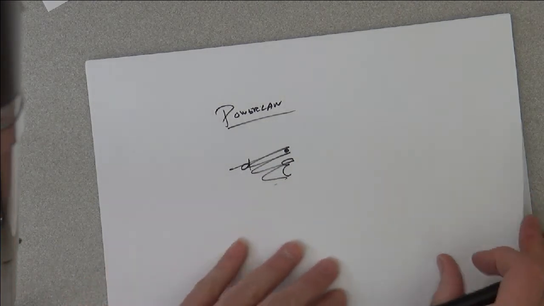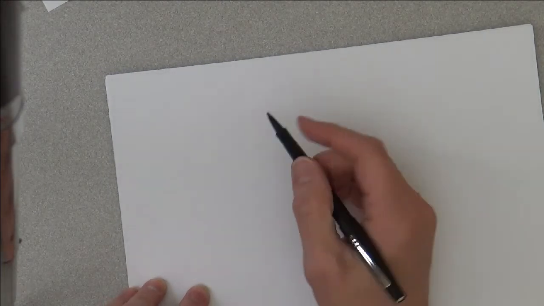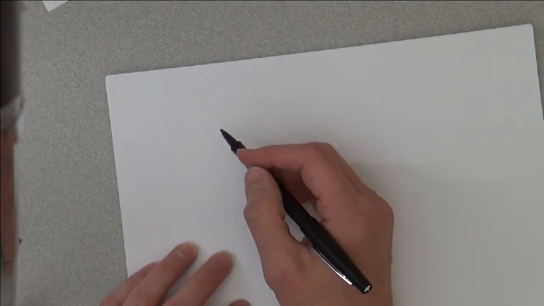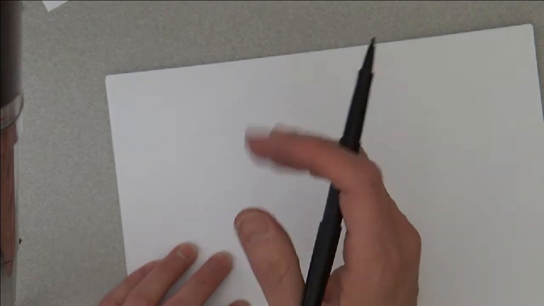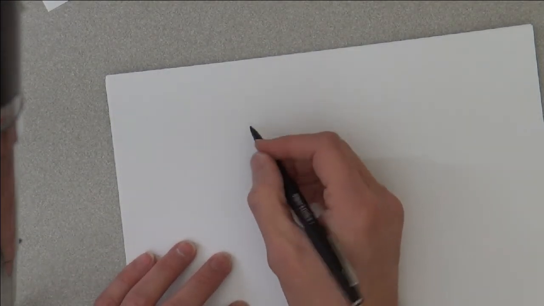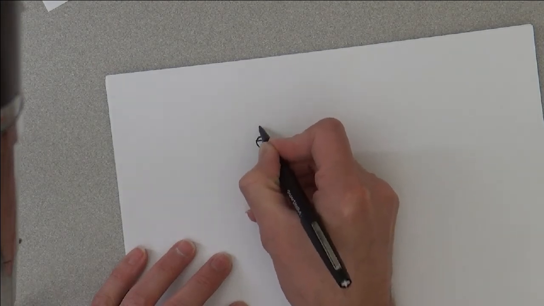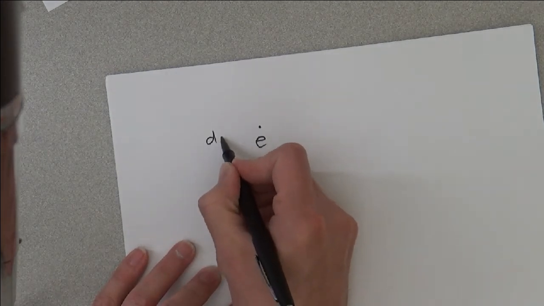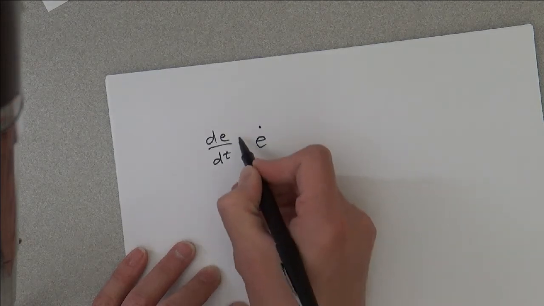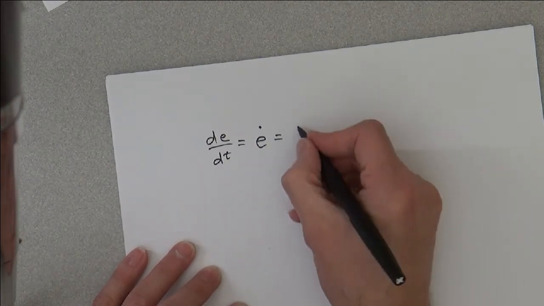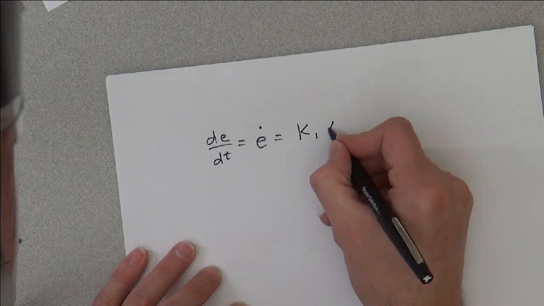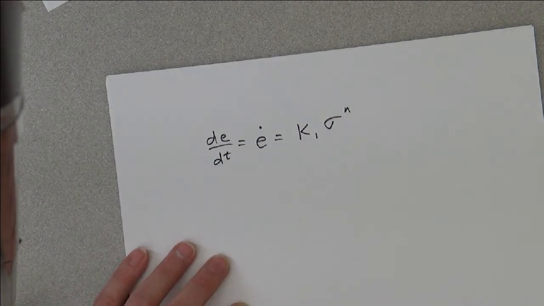Sorry, we're using E's in this class. I mentioned earlier, when I've taught 413, we've always used epsilon to represent strain. So E dot, which is dE by dt, is equal to K1 sigma to the n.